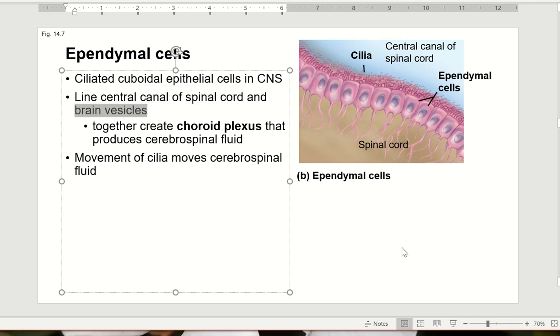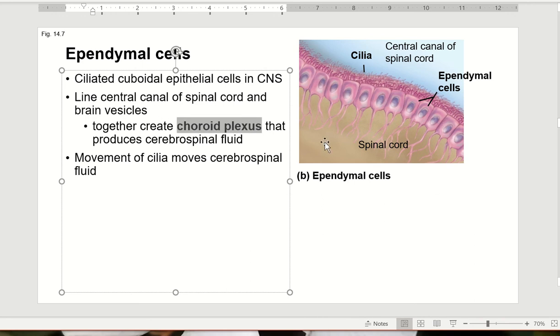And then there are these spaces inside the brain called vesicles. These ependymal cells line these spaces, or are in certain sections of these spaces, and a bunch of them together is called the choroid plexus.